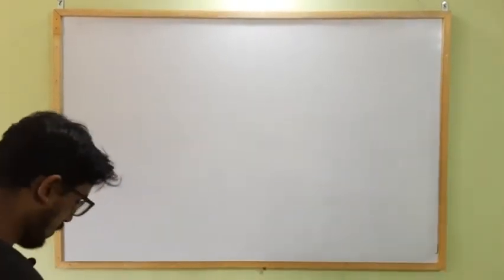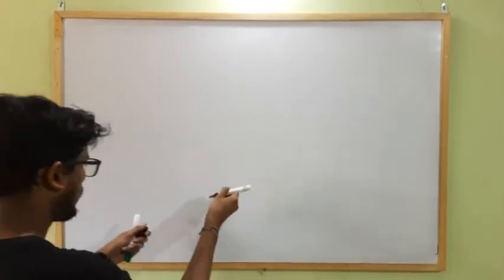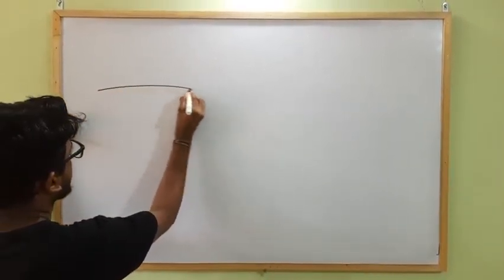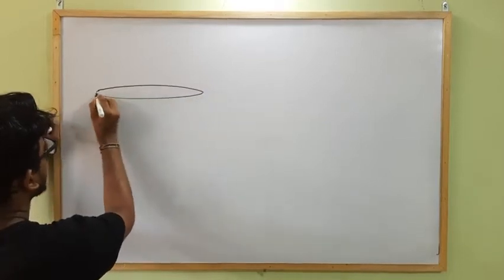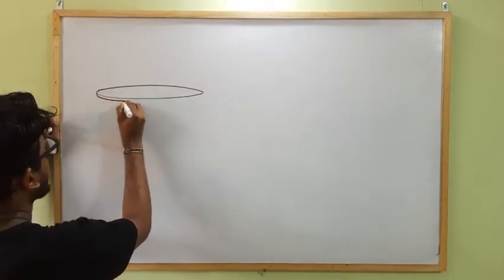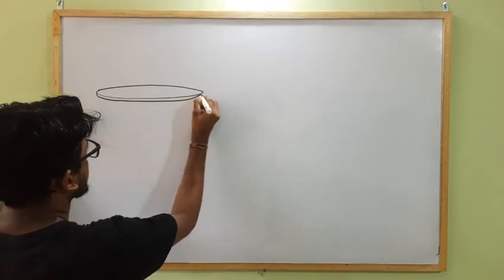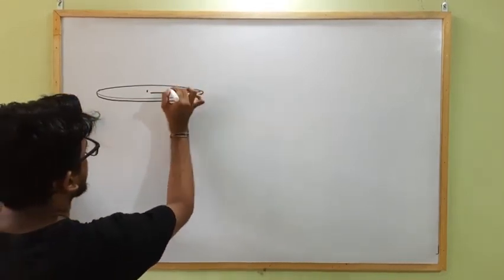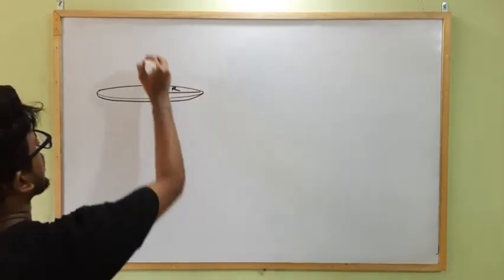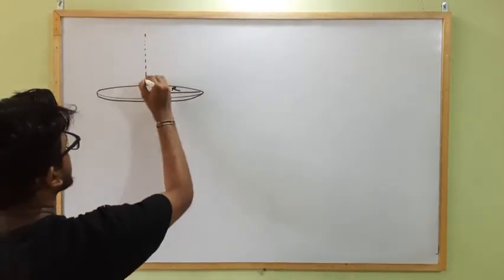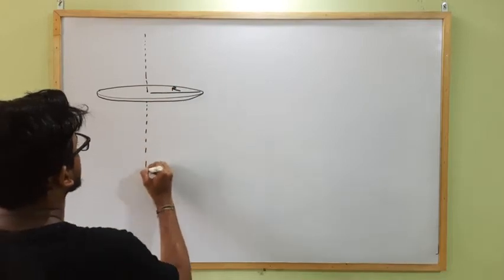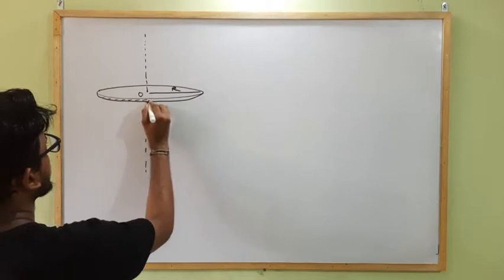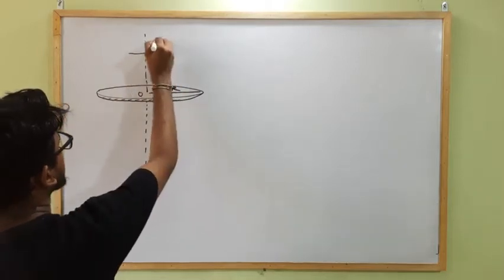So now let's do another example. Here is a circular disc, present like this. This is the center, radius r, and it's rotated about this axis which is passing through its center O and perpendicular to its plane. This is a disc rotated like this, omega.